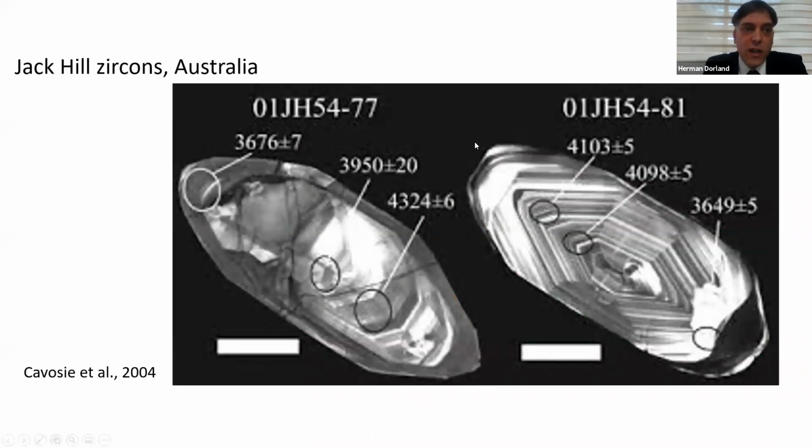This is from the Jack Hills zircons in Australia, as published by Kemp et al. in 2004. Here we see an age in the core of 3950 million years, and then further out in the rims, we have an age of 3424. So there's about a 400 million years difference between the core and the rim, but the core is isotopically younger. So this is an isotope discrepancy.